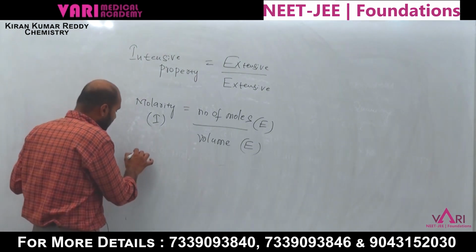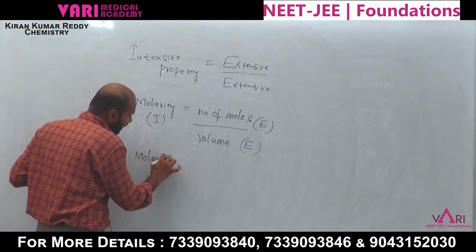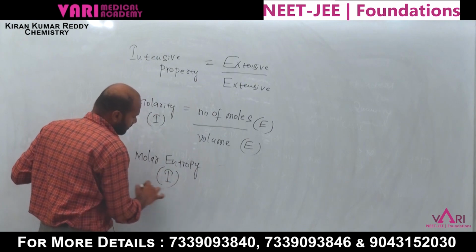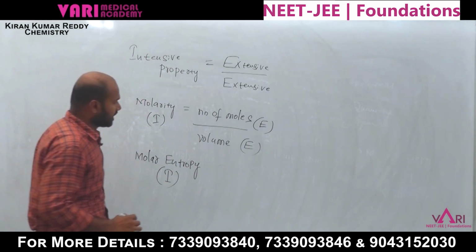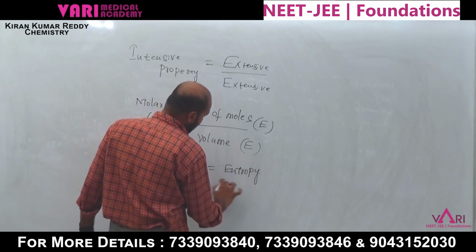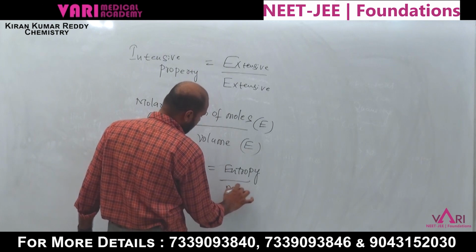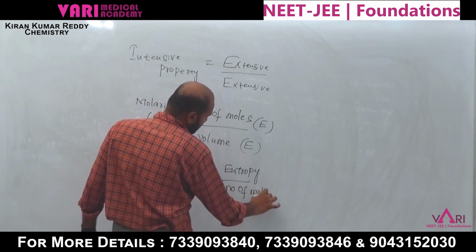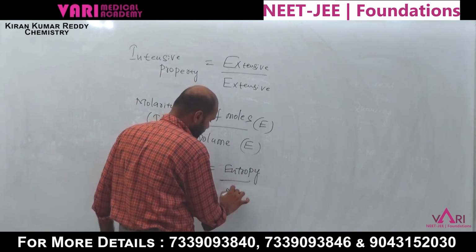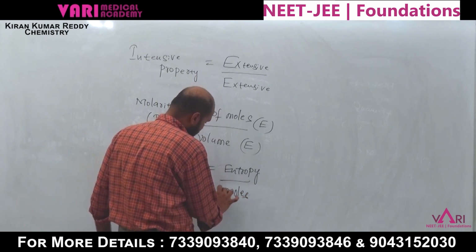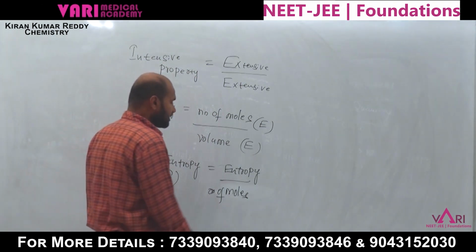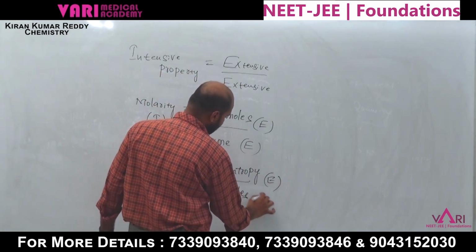If you take molar entropy, this one is the intensive property. Molar entropy is entropy divided by number of moles. Entropy is an extensive property and number of moles is also an extensive property.